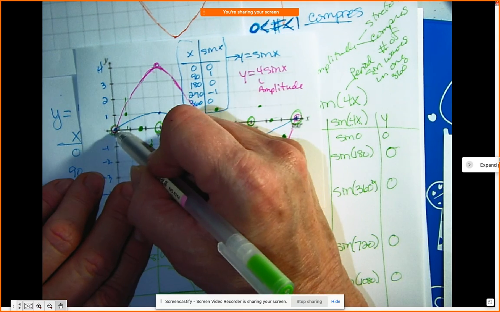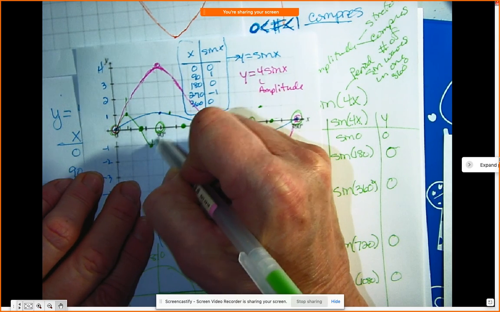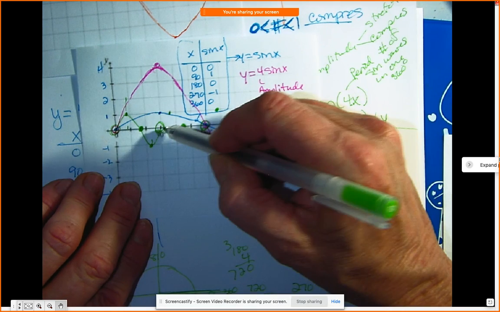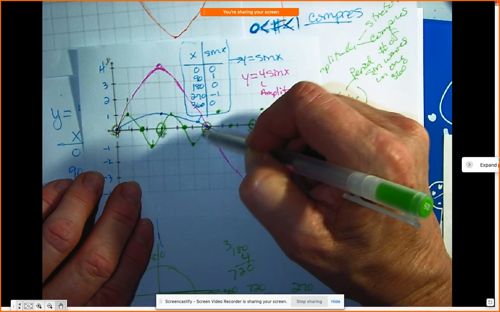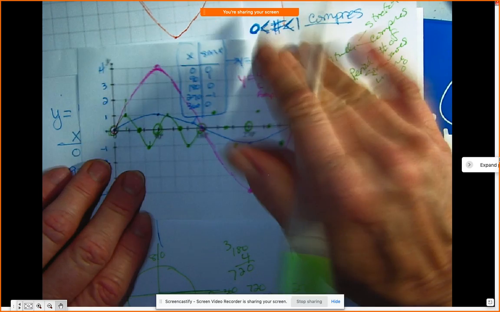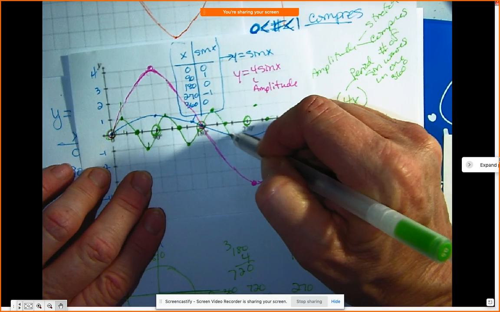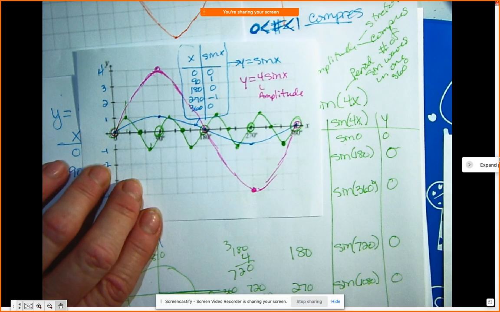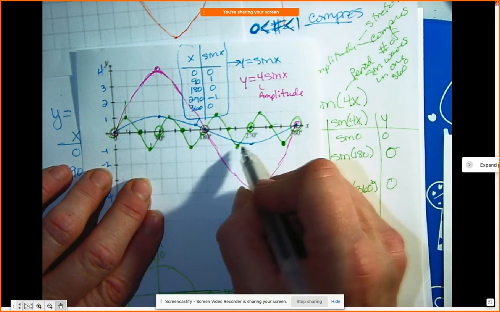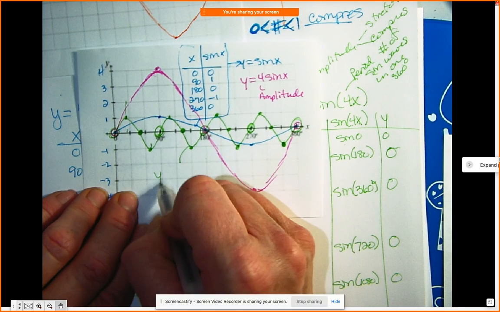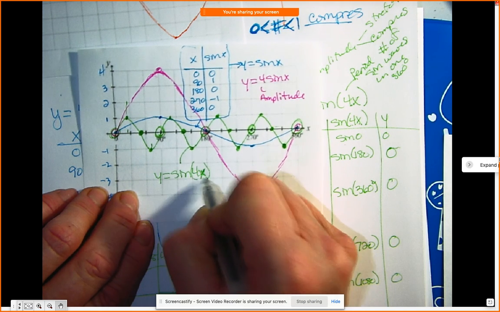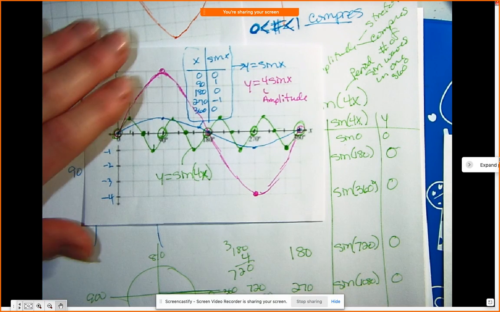Okay, watch what's going to happen. There's 1 sine wave, 2 sine waves, 3 sine waves, 4 sine waves. This green line represents y is equal to sine 4x. It tells me I'm going to have 4 sine waves.